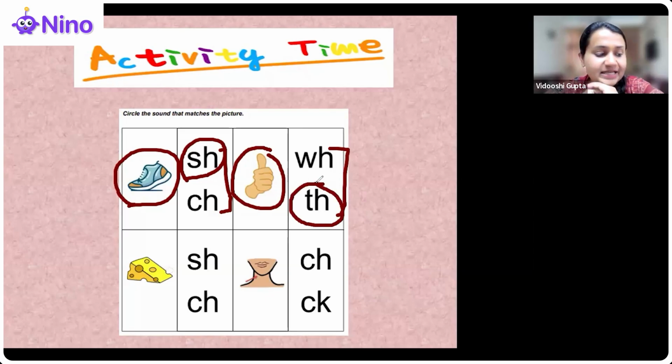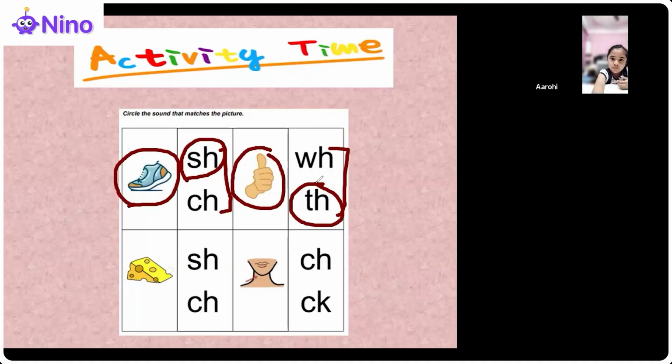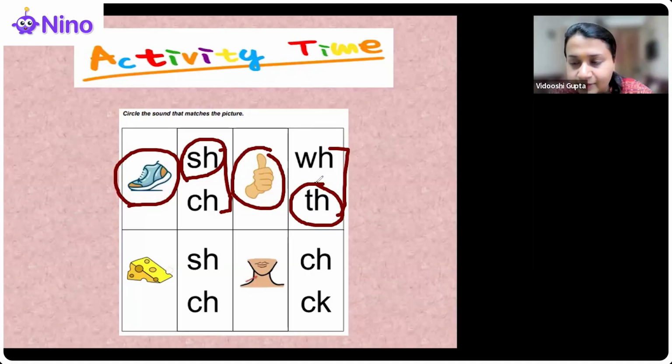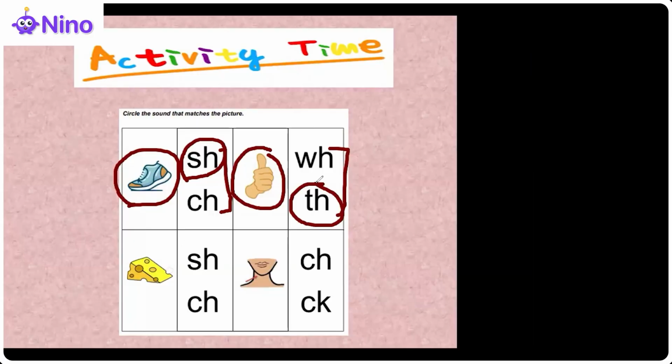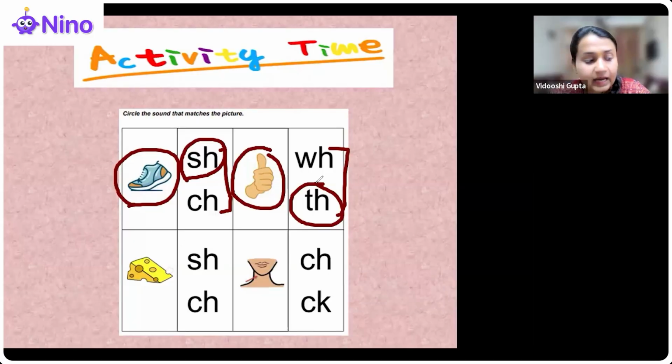So is the TH in thumb the soft th or the hard the? Soft th. We say thumb, we don't say dumb. Soft th. Okay?